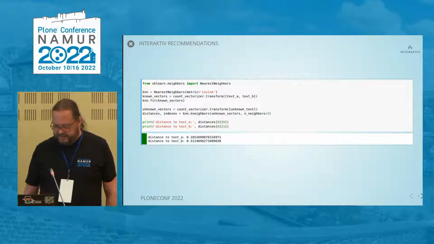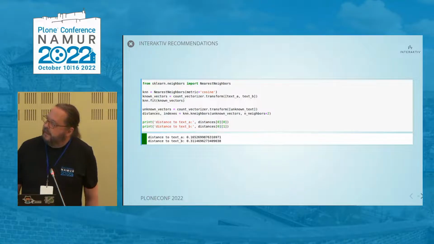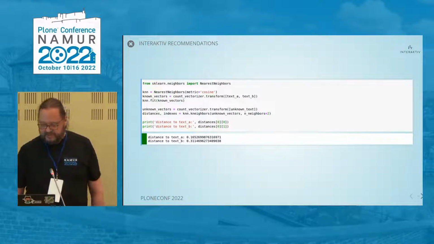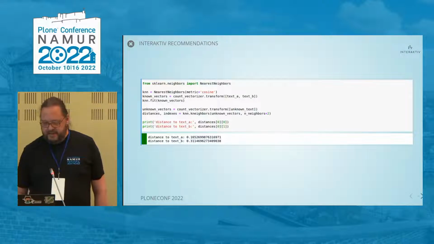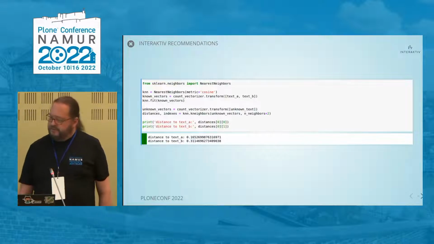And in the example, you see the results. The distance from the unknown text to text A is calculated as 0.6 and so on. And the distance to text B is calculated as 0.3.